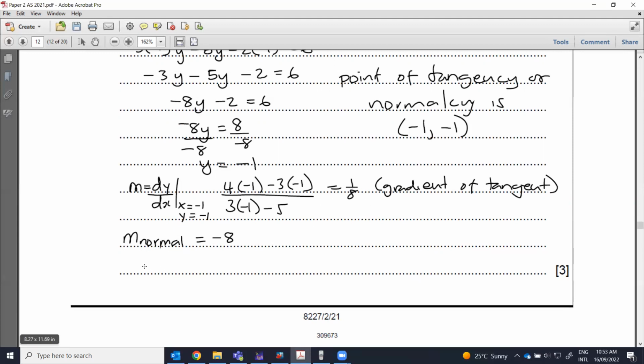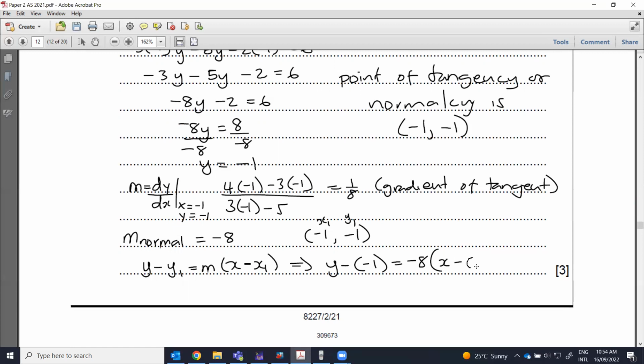And then I'm going to use the equation y minus y1 is m(x minus x1). So my point is (-1, -1), so this will be my x1, y1. So I have y minus negative 1 is equal to negative 8 times (x minus negative 1).